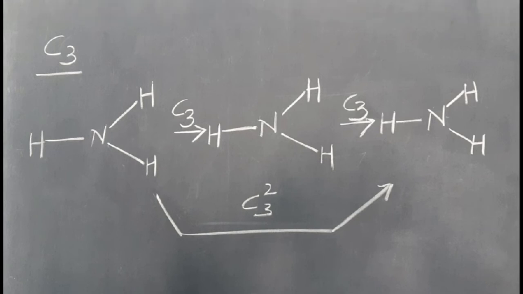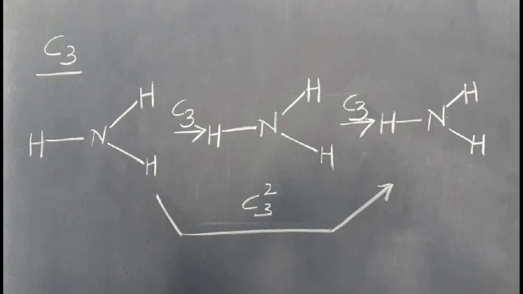Take another case. This is an example of the ammonia molecule. Ammonia, what is the geometry of ammonia? It is a trigonal pyramidal molecule, right? So in this particular case, it has a C3 rotational axis which is running exactly through the center of the non-bonding orbital, that is, it is running through the nitrogen atom, right?